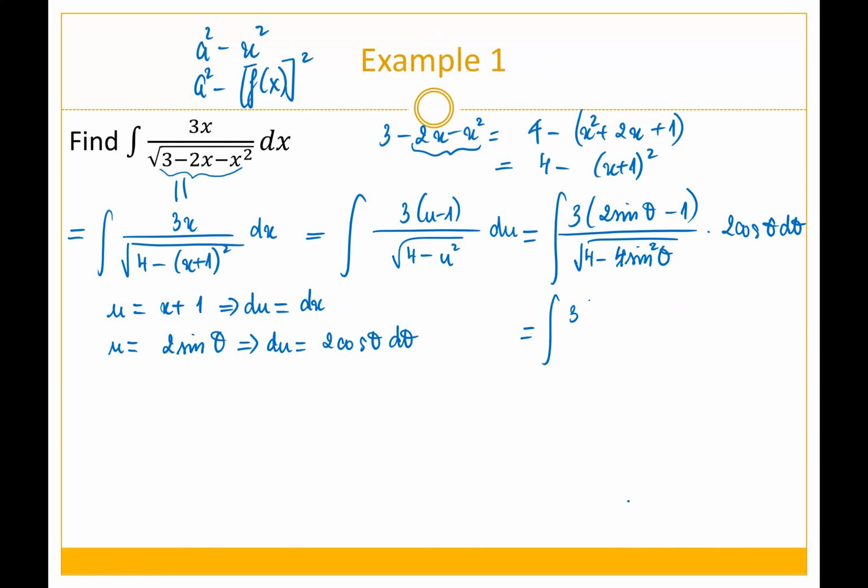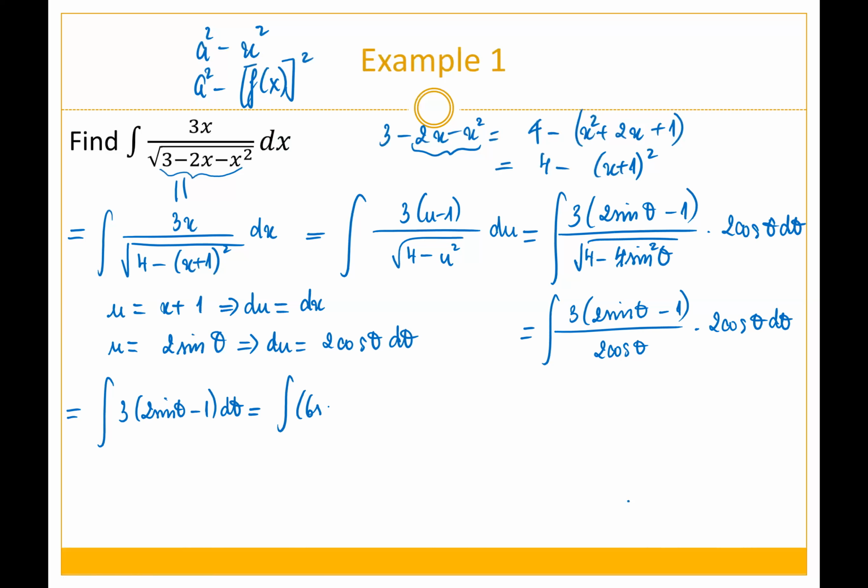Then you have 3 times 2 sine theta minus 1 divided by, this is 2 cosine theta, multiplied by 2 cosine theta d theta. So what we end up having here is only 3 times 2 sine theta minus 1 d theta. And so now it's very easy to just take this integral.